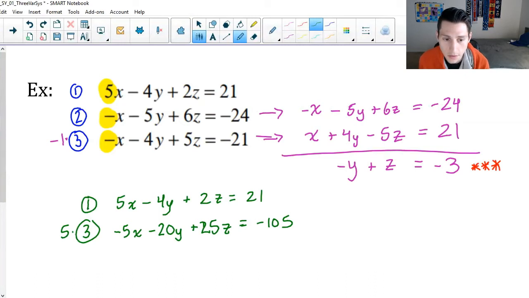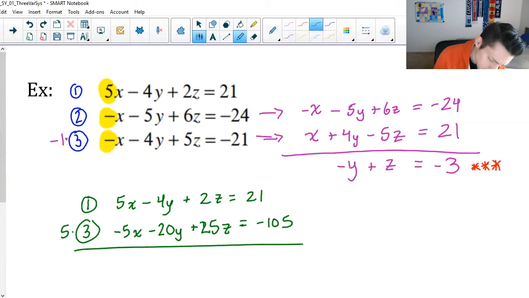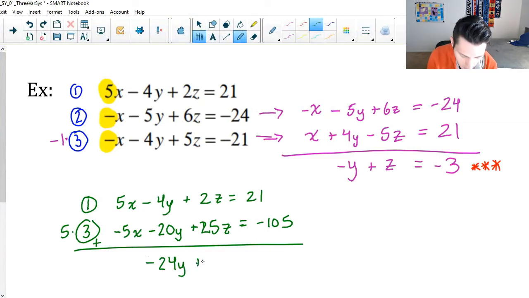So I took equation 3, multiplied it by 5. Now we add those together. 5x plus negative 5x, 0. It's exactly what we wanted. Negative 4y minus 20y, negative 24y. 2z plus 25z, 27z. Negative 1 or 21 plus negative 105.